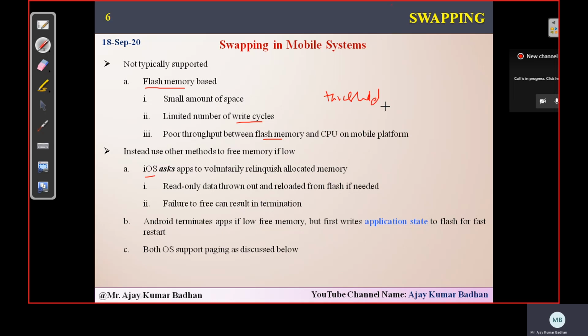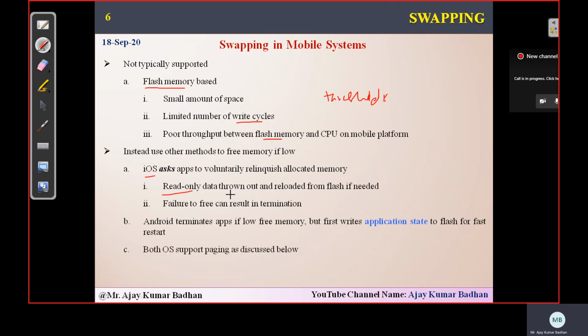Whenever the memory usage exceeds this particular threshold, the iOS operating system will ask the running applications to please remove some space, to free some of the memory they are using. How can the application free this space? Whichever read-only data we have, we can store back in flash memory.